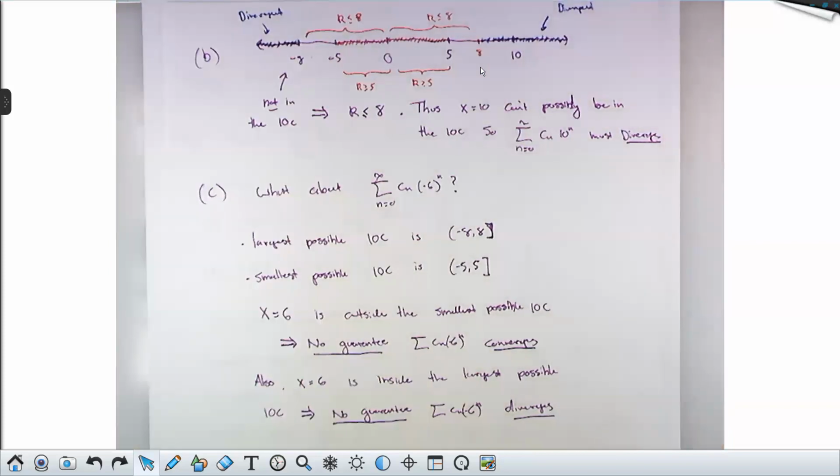And I know anywhere inside the interval -5 to 5, you're guaranteed to converge. But in between those two, from -8 to -5 and from +5 to +8, I cannot say what's going on. Could go either way.